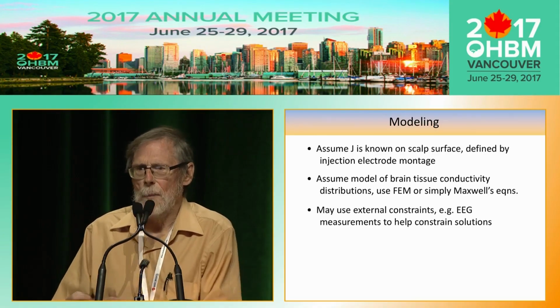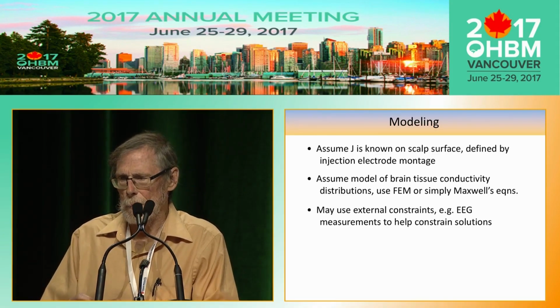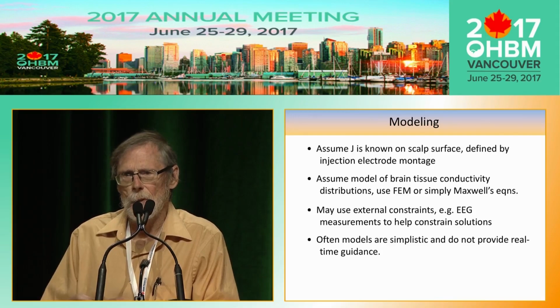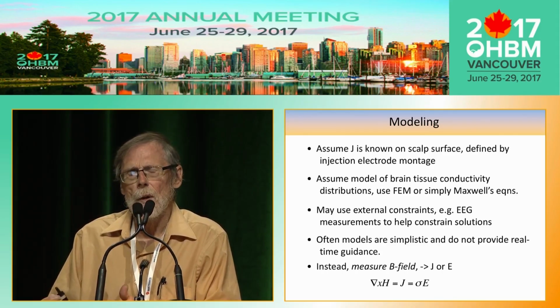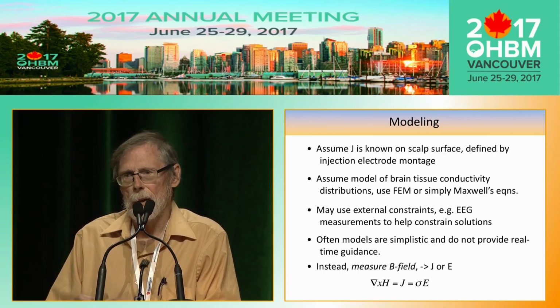You might use some external constraints to help you in that modeling process. But often the models are rather simplistic and do not really provide a very high density look at the brain mechanisms. Instead, we think that maybe you should just measure it, and you can measure it by the fact that you're doing MRI.